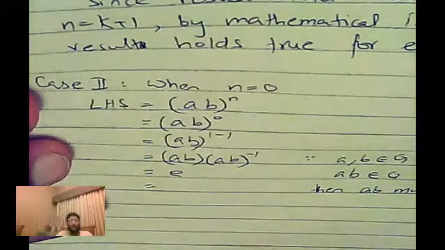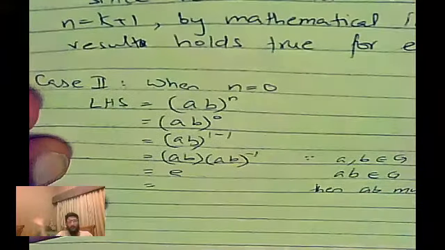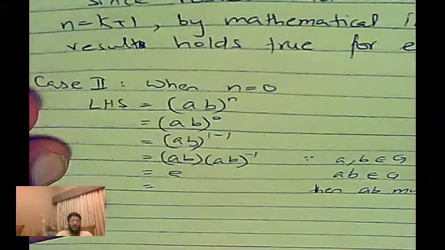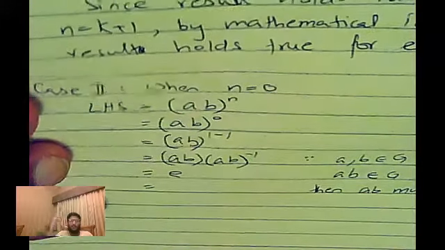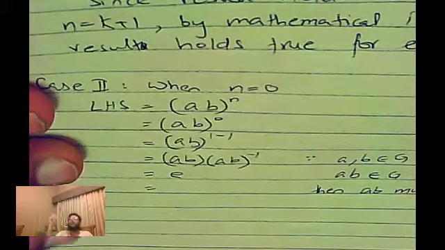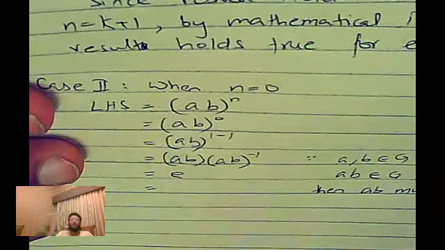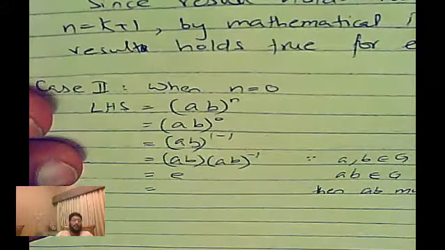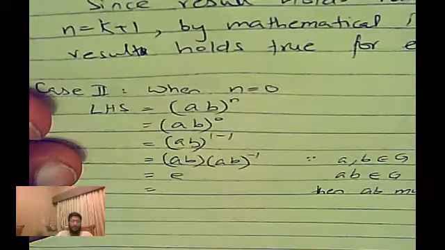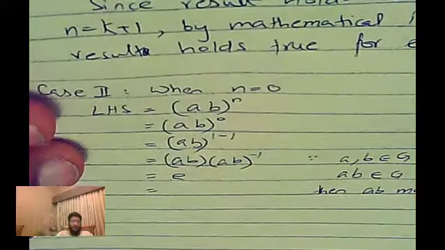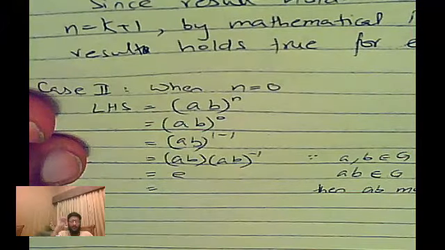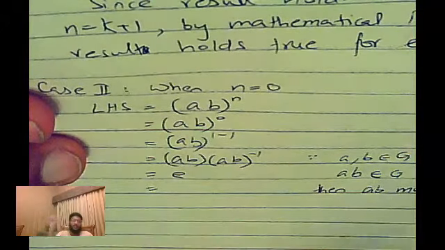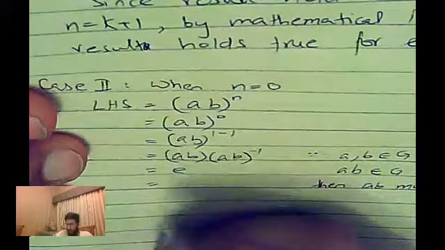So 1 times 1 times 1 times 1 times infinity times 1 will always result in 1. So in general, in group theory, if E is the identity element and whatever the composition may be, no matter how many times you use that composition on E, that will always result in E.